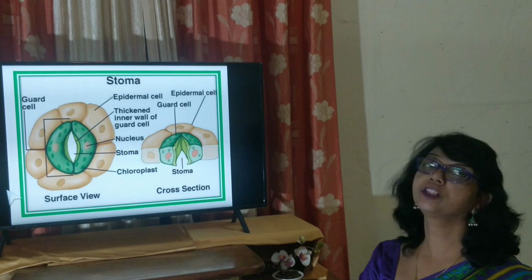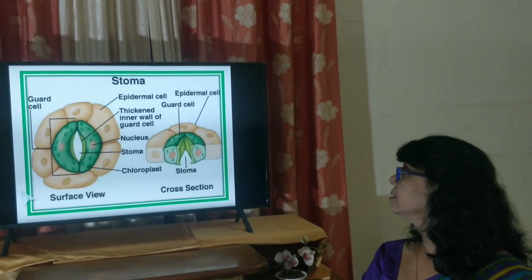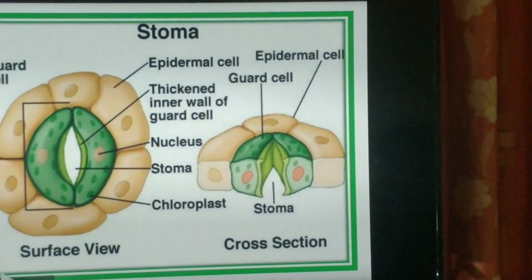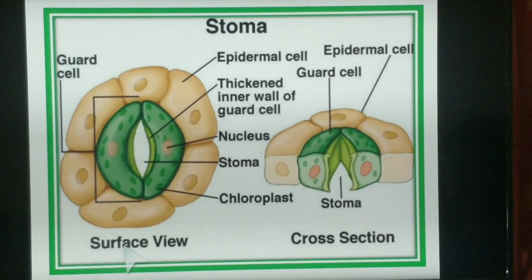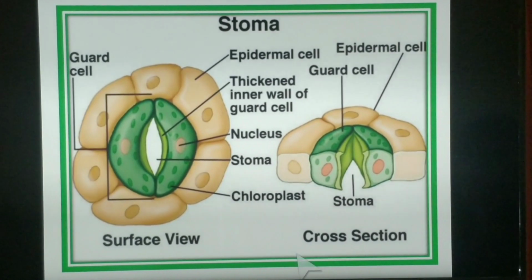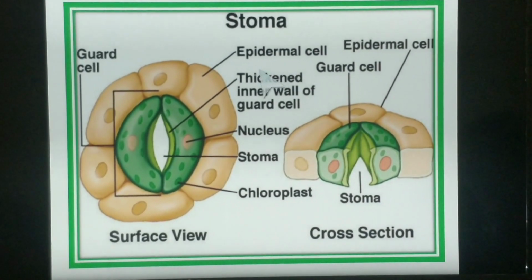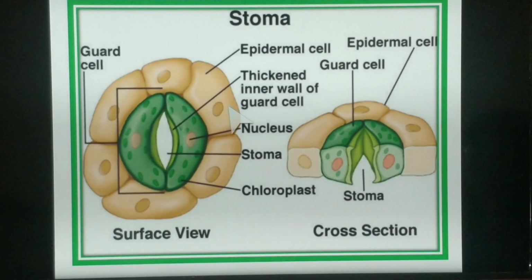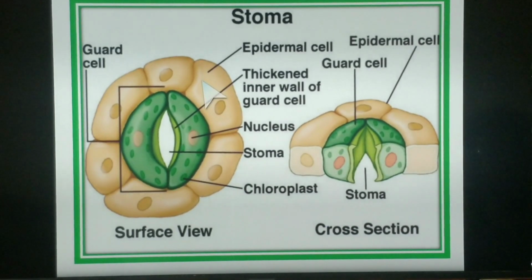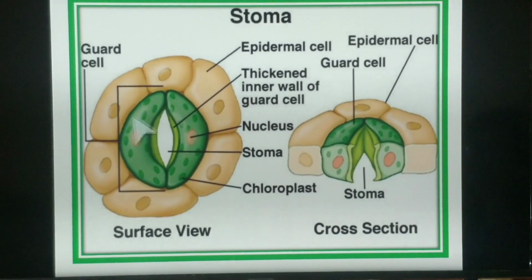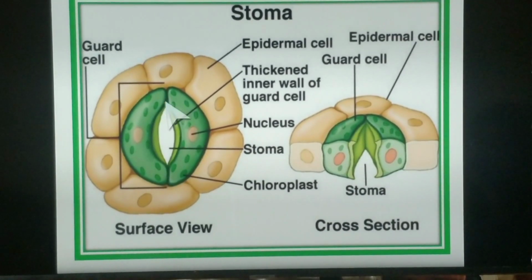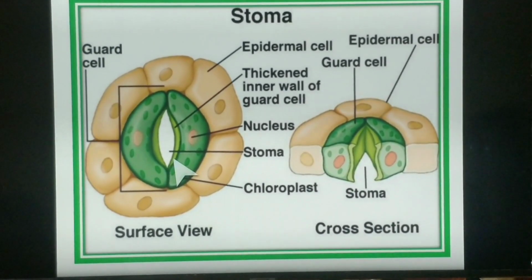It consists of a stomatal apparatus. Here the picture displayed shows you the structure of a stoma in the surface view and in the cross section. These light brown colored cells are the epidermal cells, and these two kidney shaped cells are called the guard cells.